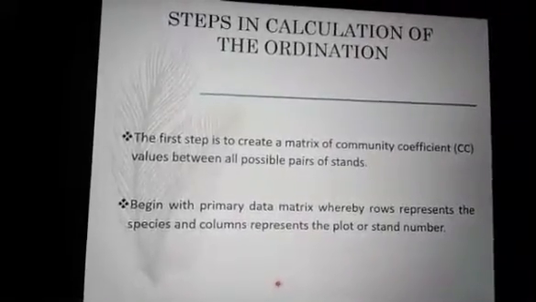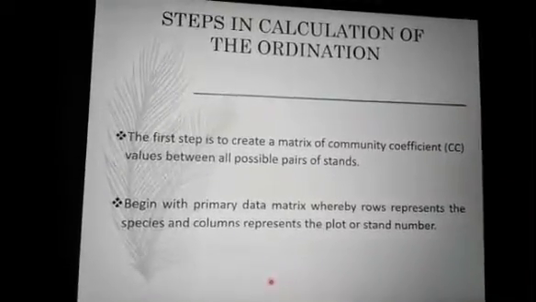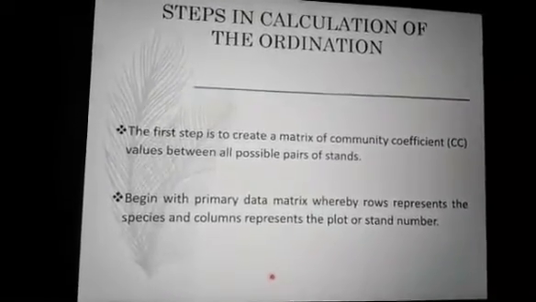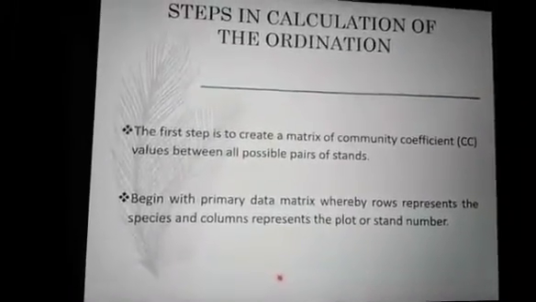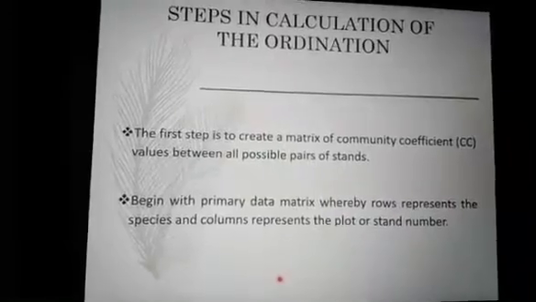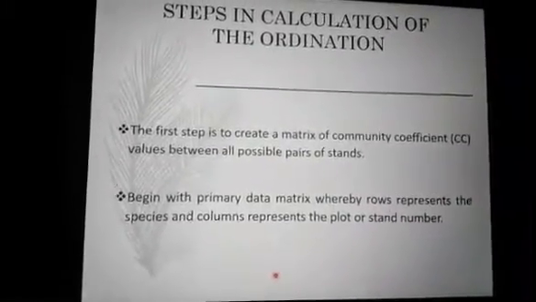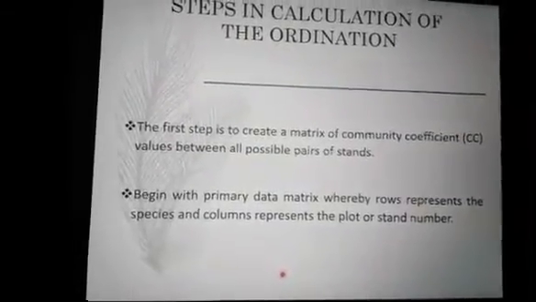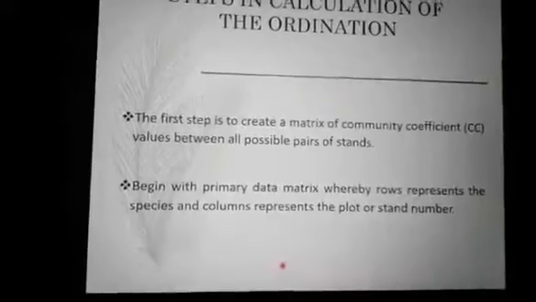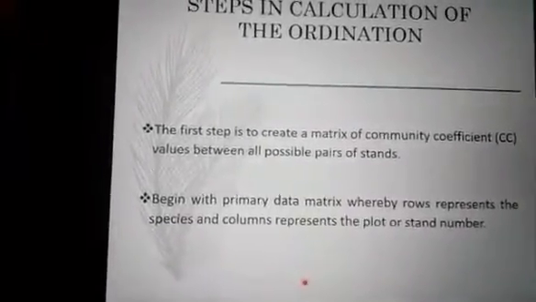So the steps in the calculation of the ordination: the first one is to create a matrix of community coefficient values between all possible pairs of stands. Then begin with the primary data matrix, whereby rows represent the species and the columns represent the plot or the stand, as you will see in the example that we are going to give.